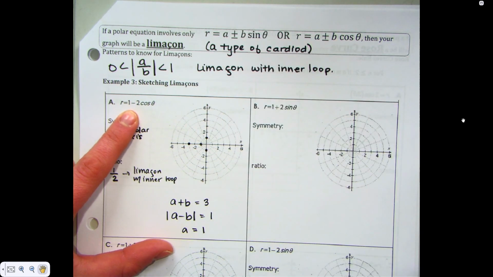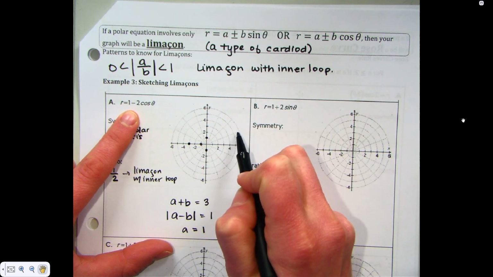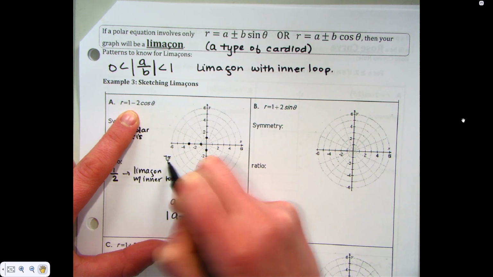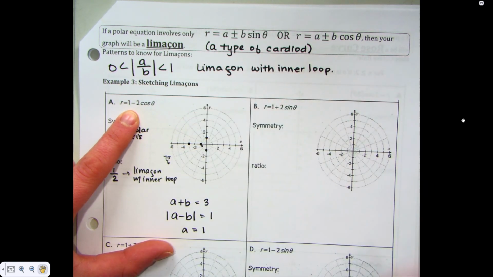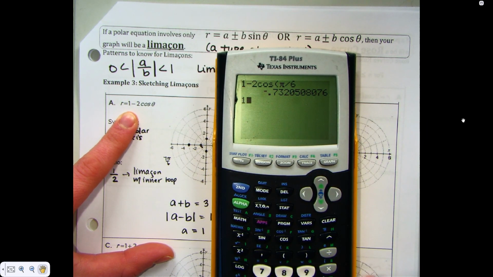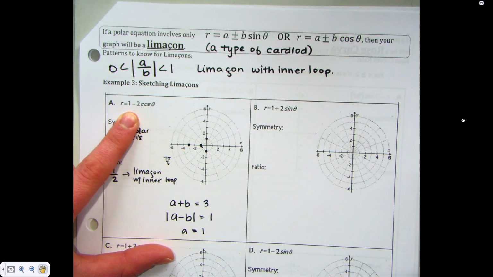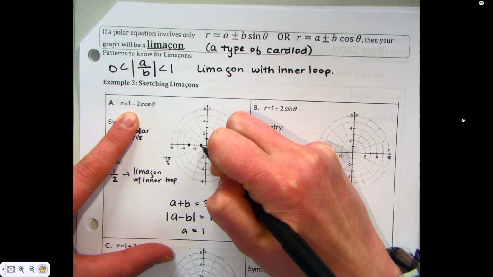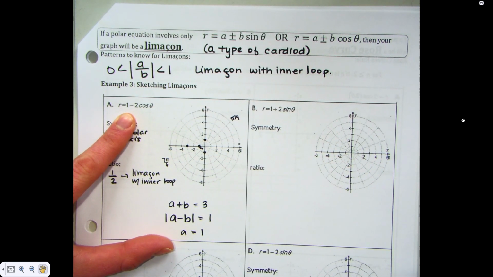So that means that although I'm going in the direction of pi over 6, I'm actually going to graph backwards towards 7 pi over 6, a little less than 1 unit. Let's do it again with pi over 4, 1 minus 2 cosine pi over 4. So around negative 0.4. But again, I'm not going to graph towards pi over 4 because the value was negative. That's going to put me right about here.